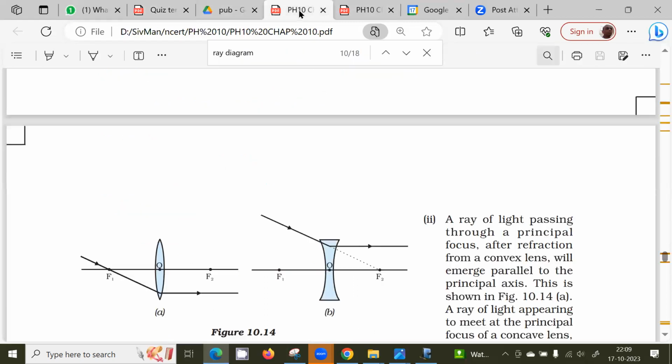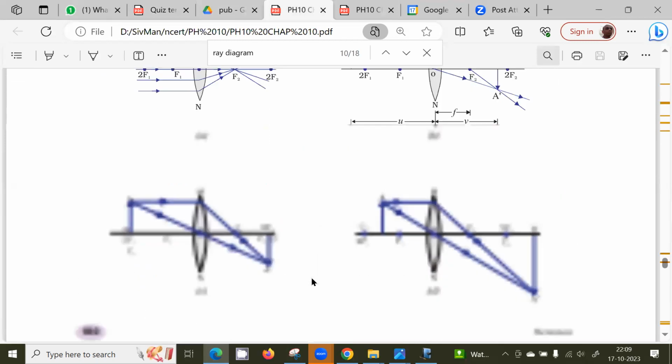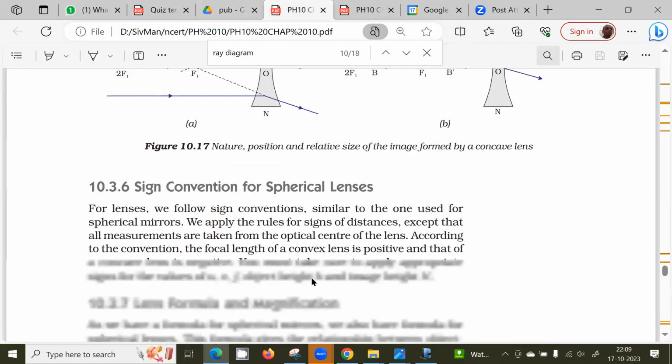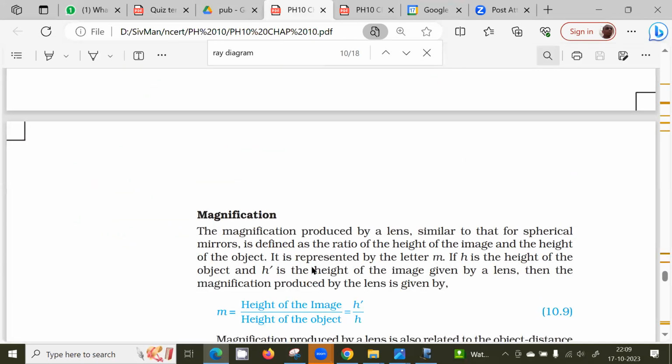Sir, I have a doubt. You said if the magnification is greater than -1 and less than 0, the image formed is diminished, and what about erect or inverted? Inverted. Negative sign is inverted. Fraction is diminished. So if the magnification is between -1 and 0, it's diminished and inverted.